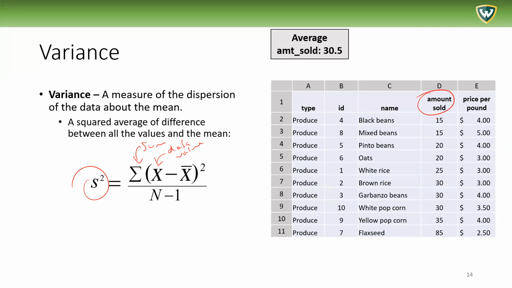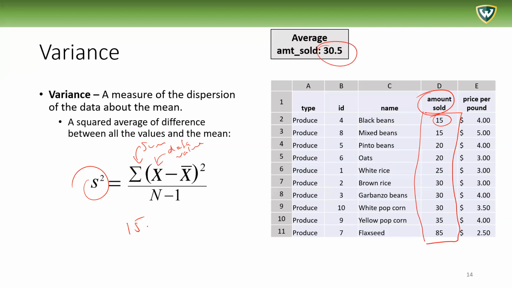So what do I mean by all the values? Well, here we have one item, the value is 15. So let's actually go through this process. 15 minus the average, which is 30.5. I already got the average before, the average of all these items here. It amounts to 30.5.